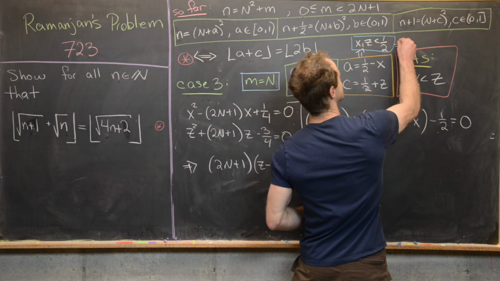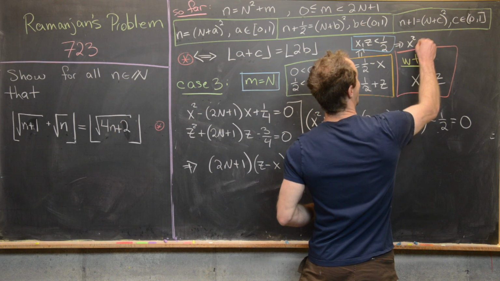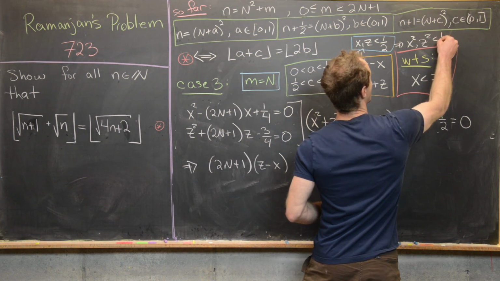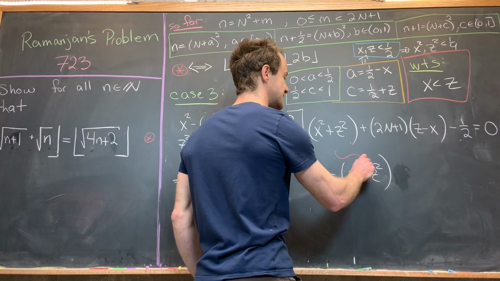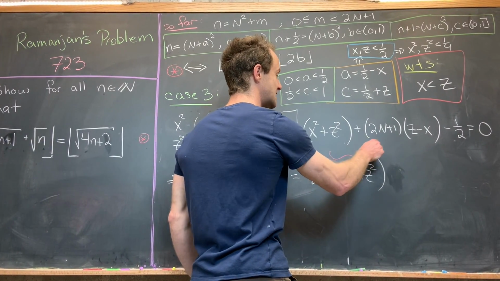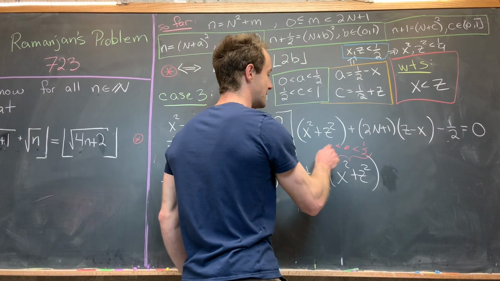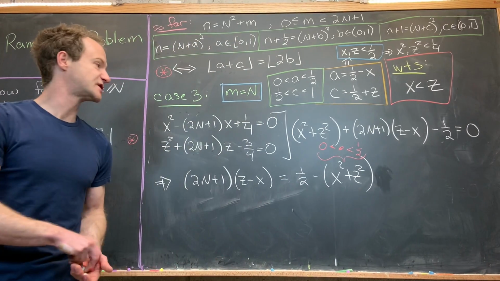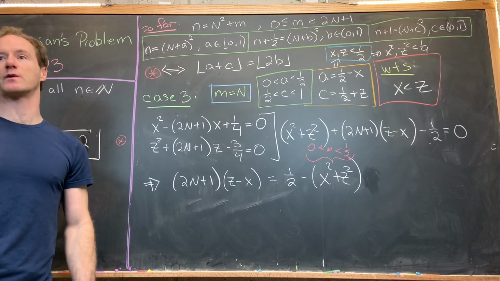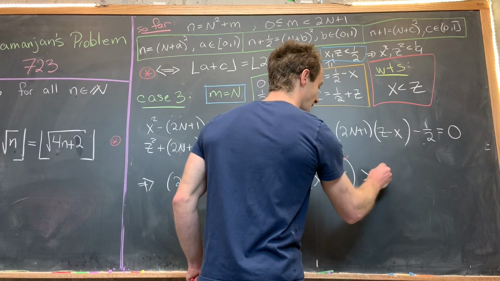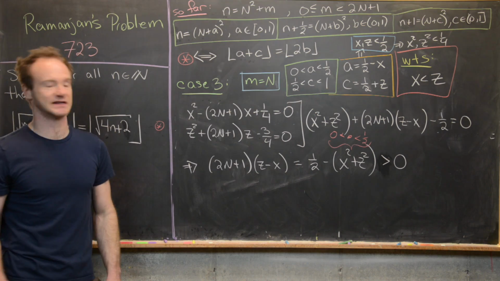But what that tells us is that x squared and z squared are both less than 1/4. So now that means that x squared plus z squared is less than 1/2, but it must be bigger than 0. So we're taking 1/2 and we're subtracting a number that's between 0 and 1/2, but that means that the right-hand side of this equation is positive.